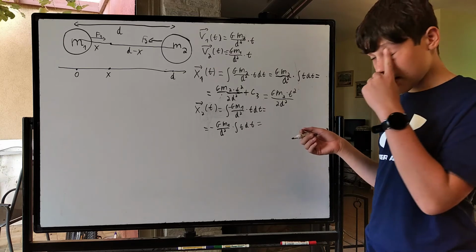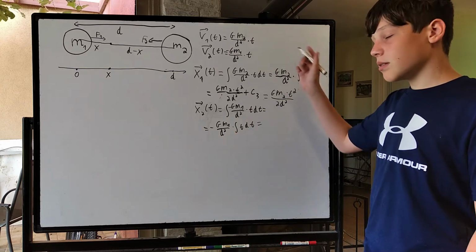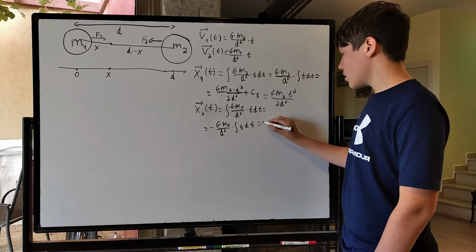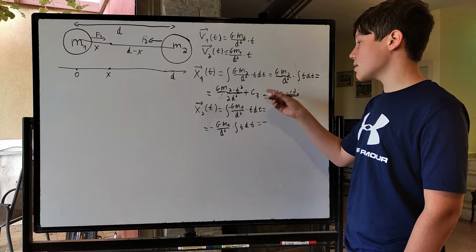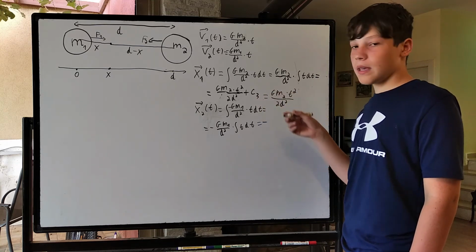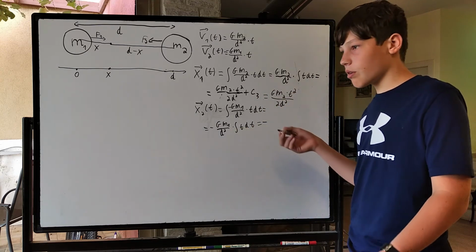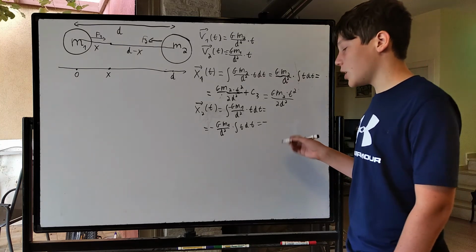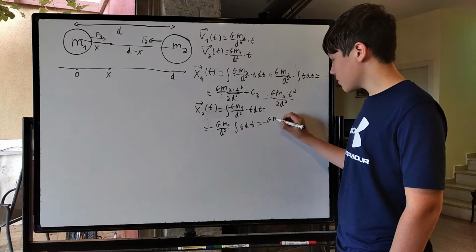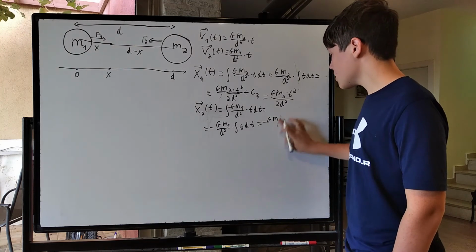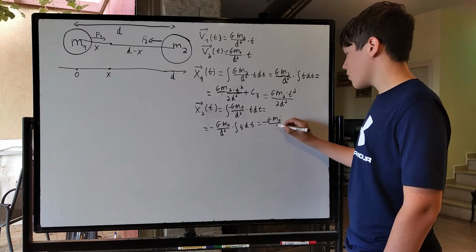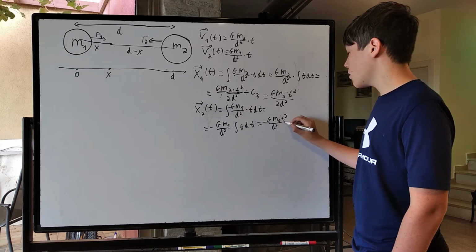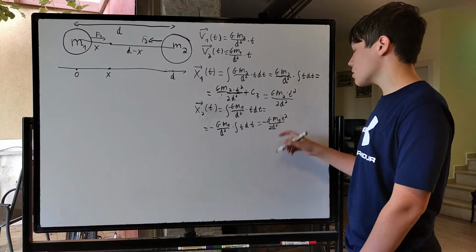I'm already going to write negative gm1 over d squared times t squared over 2, and then add to that c4, because multiplying c4 by this will just give us another constant, which won't change anything.